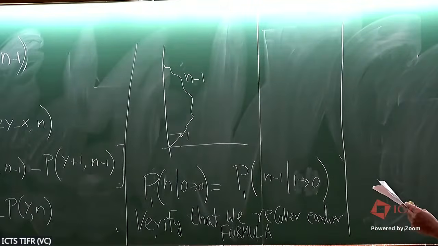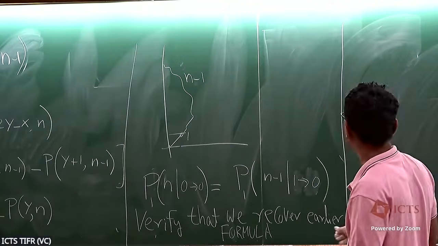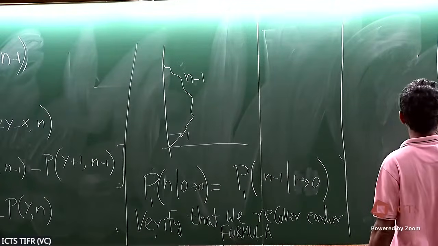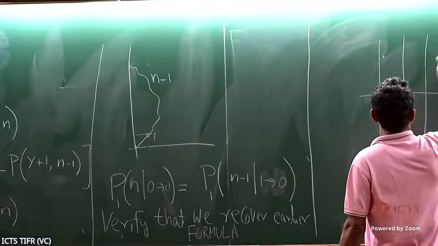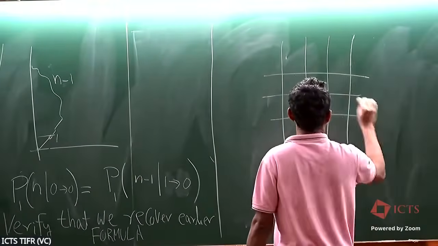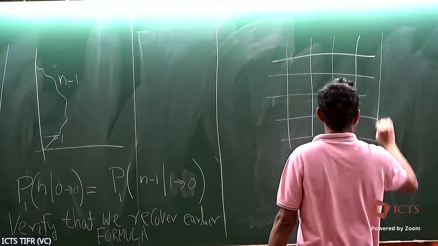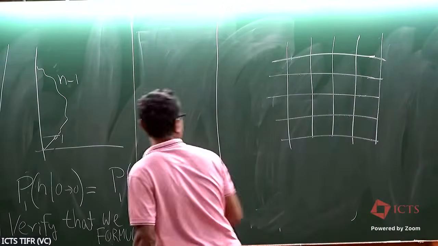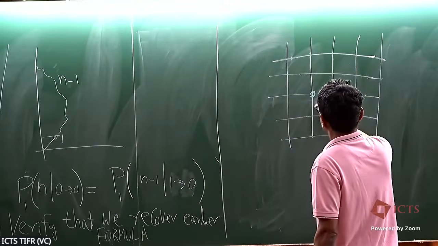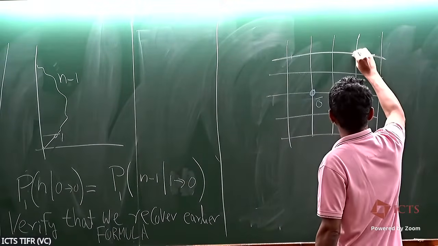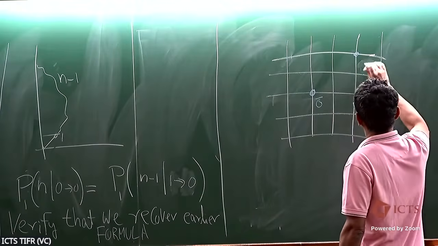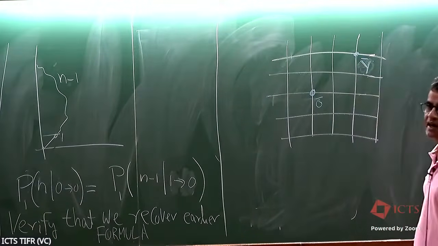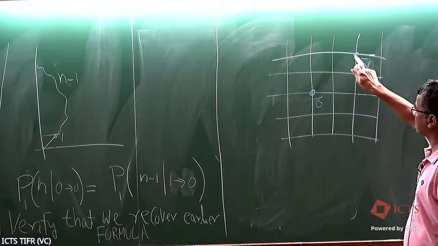So this method, of course, we did in 1D, but it's very general. If you have, let's say now, a 2D lattice, and you start from some place, let's say the origin, and you ask what is the first arrival time at this site.